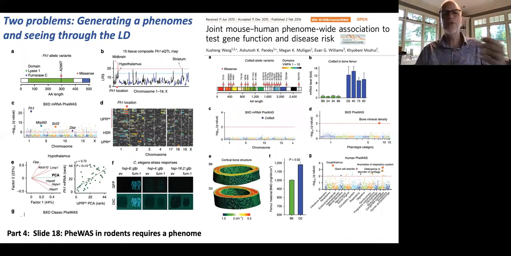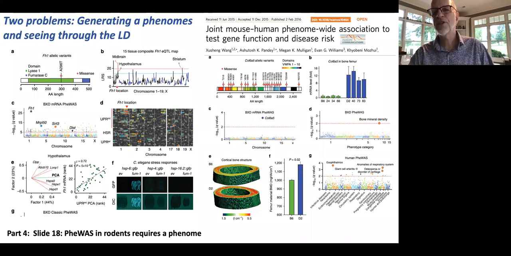Then in 2016, we had a paper with a lot of people, Johan and Josh Denny. I'm going to whiz through this, but just to say that in this, we're doing phenome-wide association using the BXDs, which has all kinds of problems that are mentioned up in the upper left corner there.